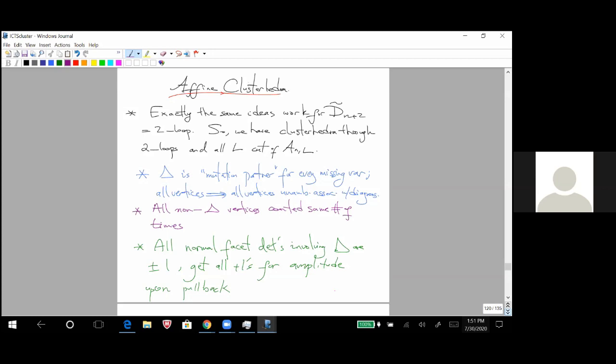And if you do the obvious thing, you start from your initial cluster, and then you just keep one winding copy of everyone and stop. Then you can see, it's slightly non-trivial but not that non-trivial, that all the vertices that don't sit on the delta facet are counted exactly the same number of times.